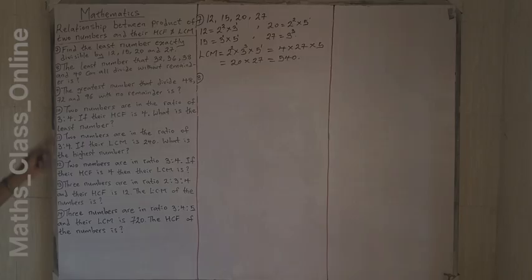Question 8. The least number that 32, 36, 38, and 40 can all divide without remainder is what?